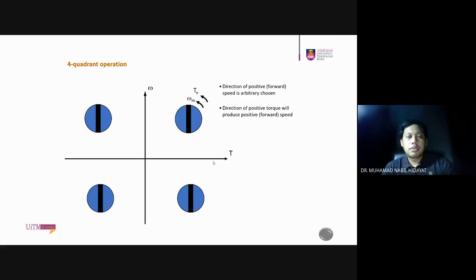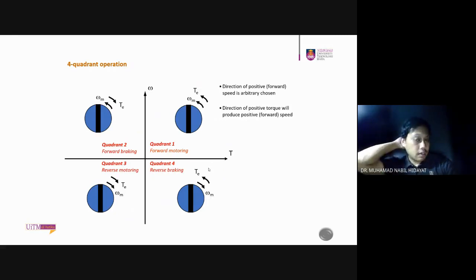Hence your torque is also anti-clockwise, positive, for motoring. Again, in quadrant 2, speed is positive but your torque is negative: forward braking. Quadrant 3, both of them are in reverse: reverse motoring. And for quadrant 4, you have negative speed, positive torque, so it's reverse braking.